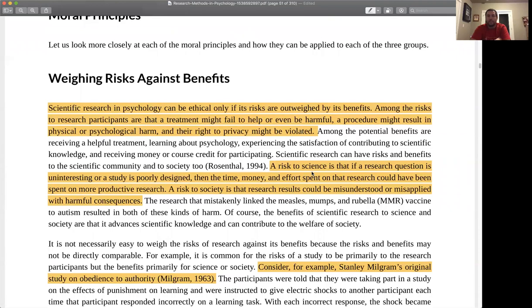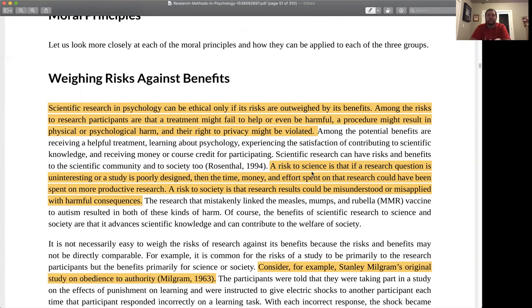Other times it might be much more subtle: 90-95% of your participants won't have any issue whatsoever, but then that last 5 to 10%, it triggers something in them, and they ultimately experience psychological distress. Even just a little bit of discomfort is still considered a risk.